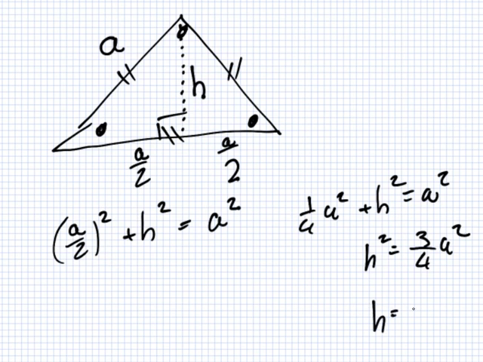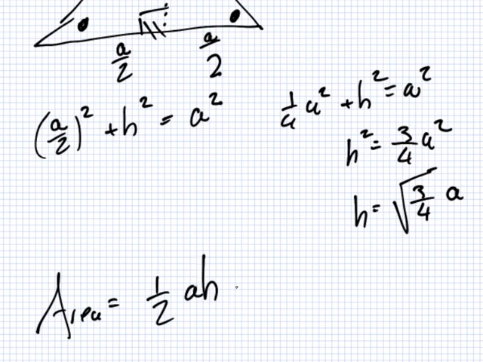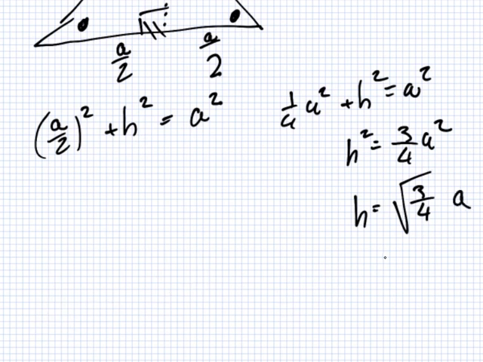So H is root 3 over 2 A. And the area is a half the base by the height, which is a half root 3 over 2 A. Sorry, I forgot what I was looking for. I was looking for A. So I should say A equals root 4 over 3 H. That's better.